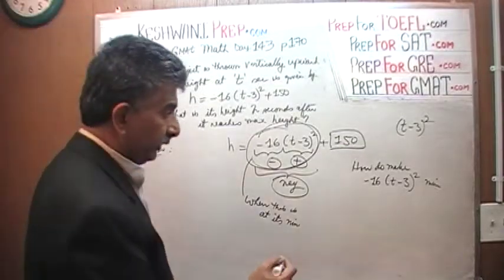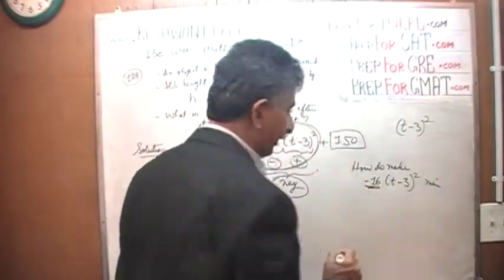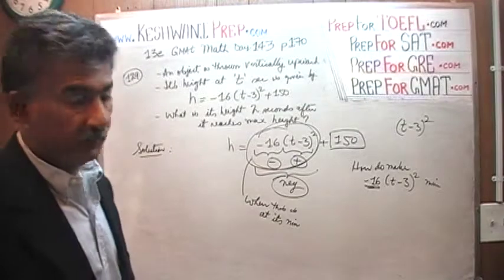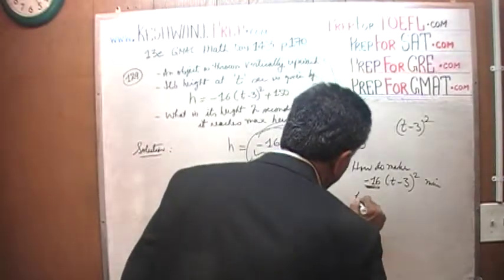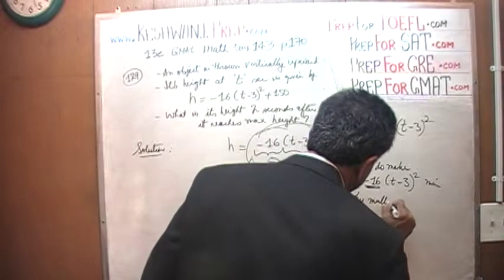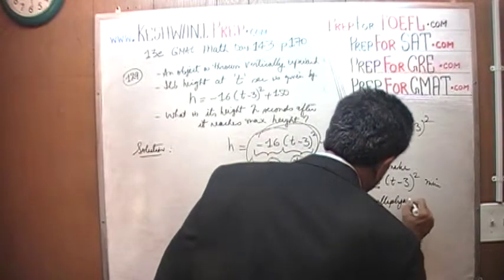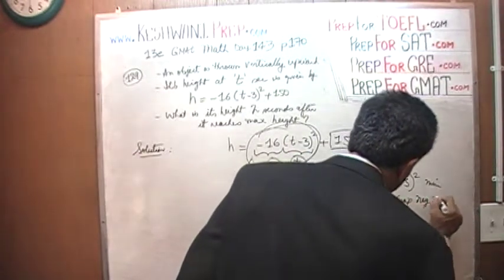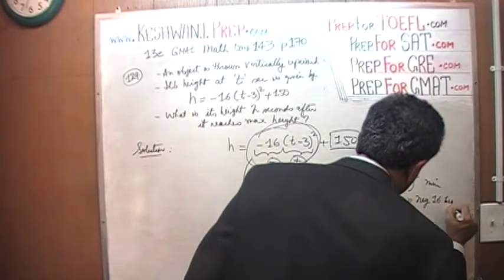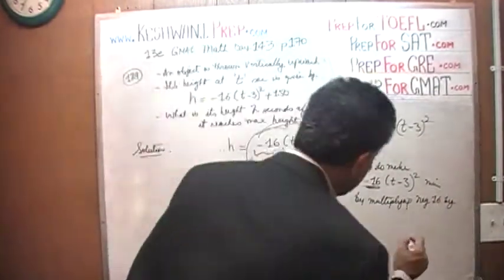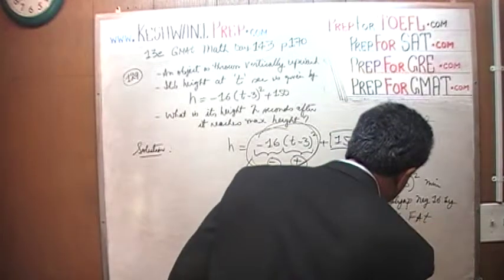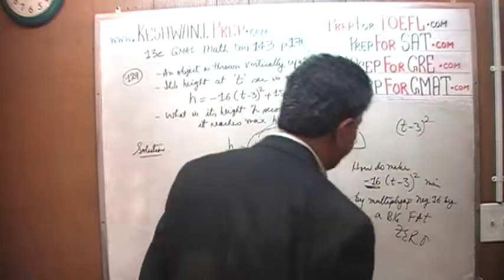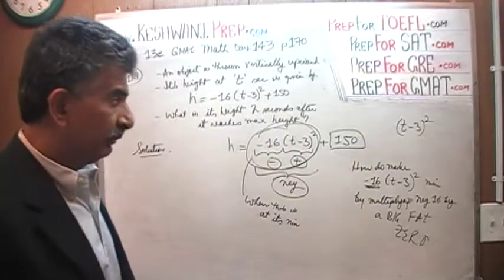Well, obviously we can't do anything with -16. -16 is just -16. How do we make it minimum? Well, that's a very simple answer. By multiplying -16 by a big fat 0.